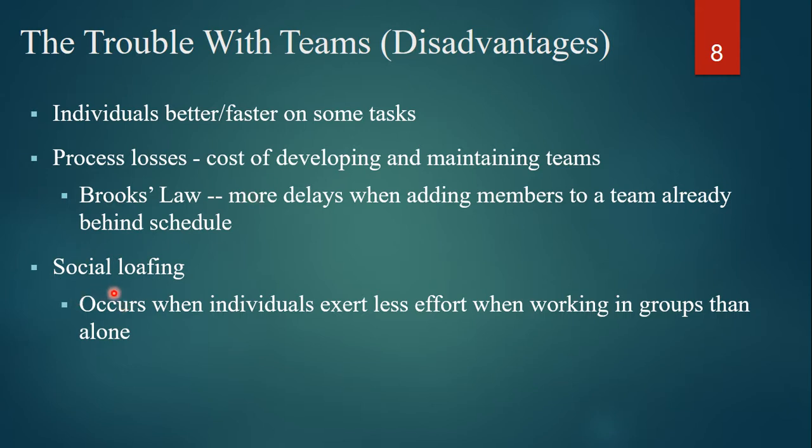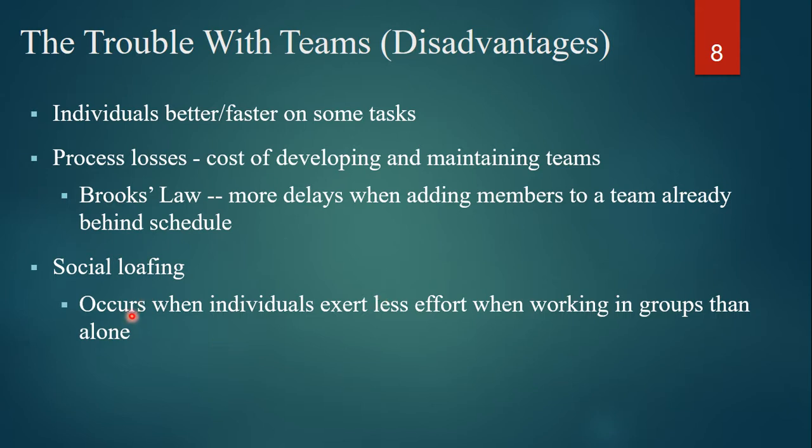And finally, maybe one of the most important troubles about working within a team is social loafing. Sometimes, or maybe many times, we have to put up with free riders. Who are free riders?